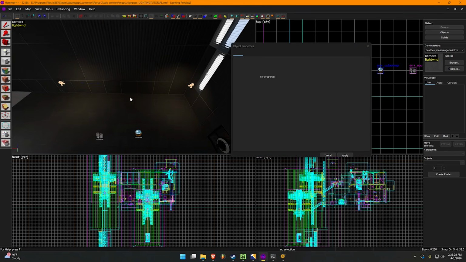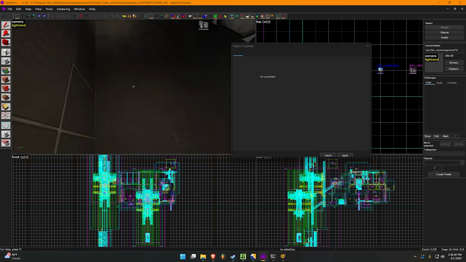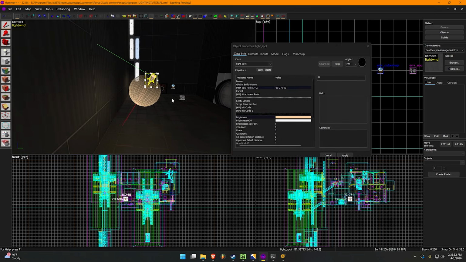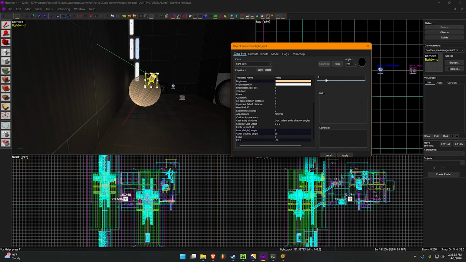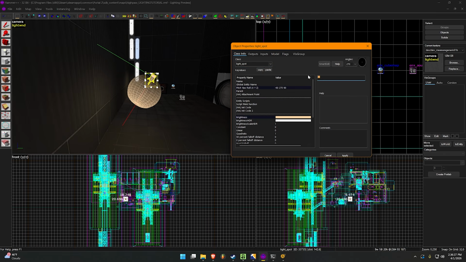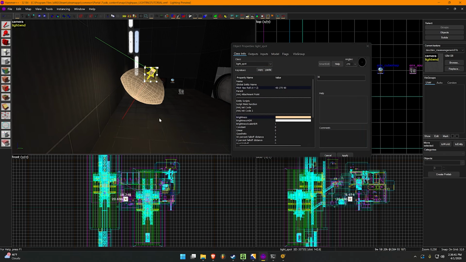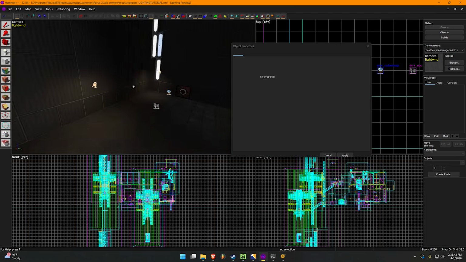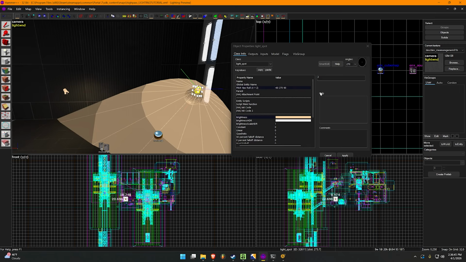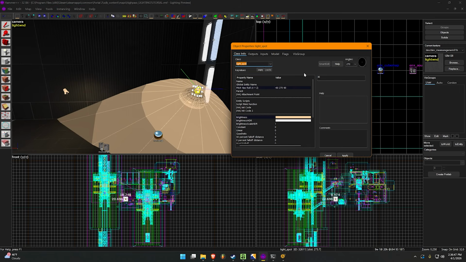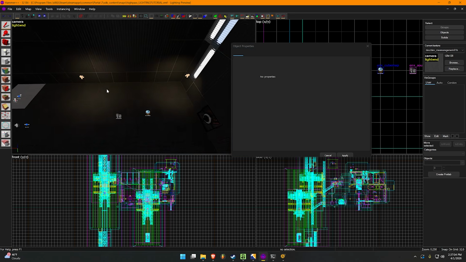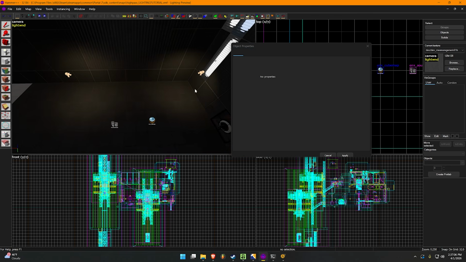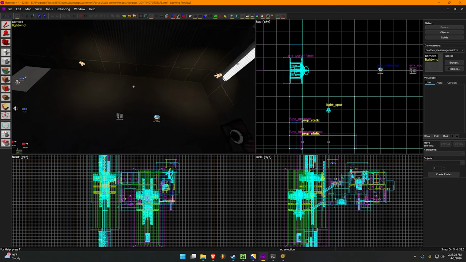If you set your outer angle to 90, it functions kind of like an area light, and you can sort of increase the inner angle to increase the width of that cone. So if I set these both to, let's say, 40, you can see this has sort of a softness to it that this light does not have.